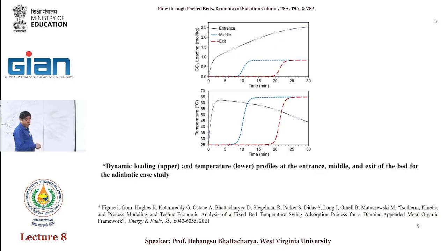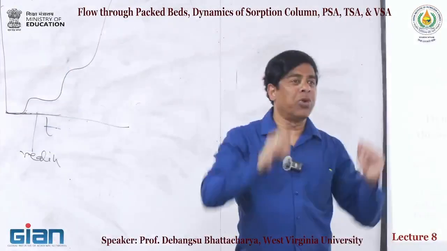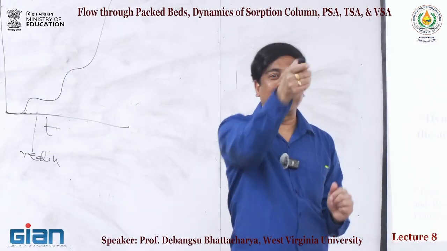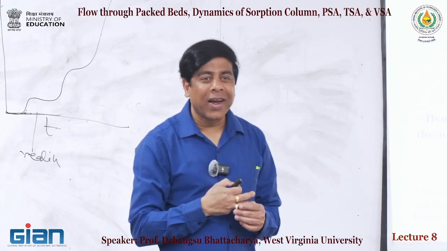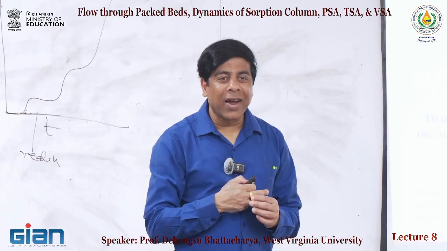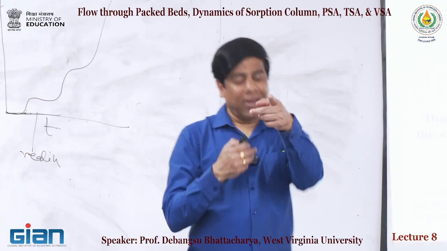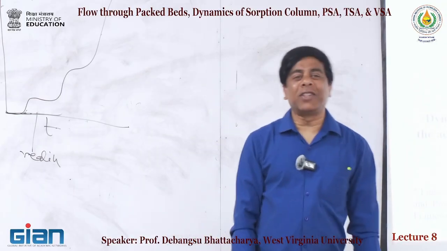Correct. Does it mean that in the middle there is no convection? No, there is convection. This is a great question, and I was trying to get into that. Exactly, that is what is happening.